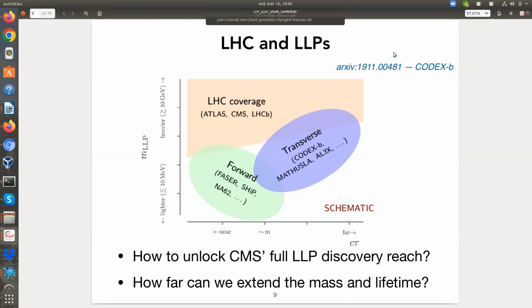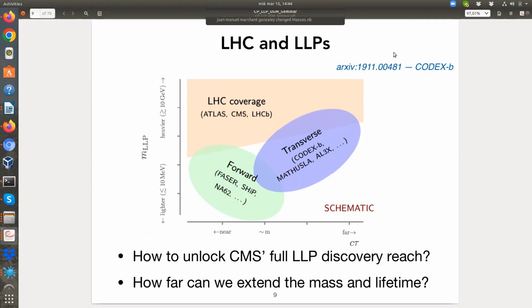While these dedicated experiments are either close to the beam pipe, and they try to catch very light states, or they're in between, with longer lifetime but intermediate mass range. So those are the niches of the searches.